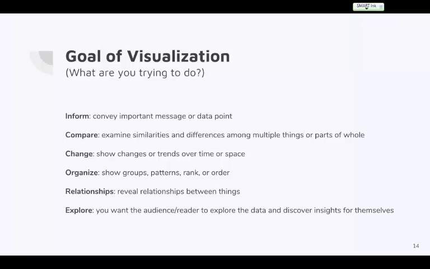So, for example, if you want to inform an individual, you can use large titles like 75% of all suits are blue. If you're trying to show change, you can use a line chart or a timeline. If you're trying to organize by hierarchy or groups, you can use stuff like a pyramid or word clouds. So that just helps the student think about how they're going to visualize the data that they have.